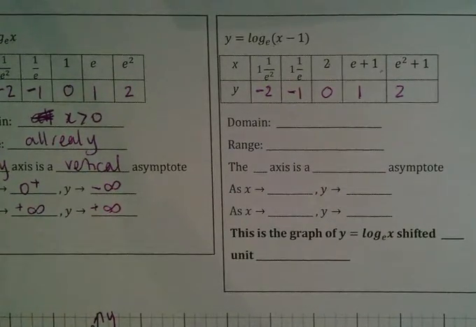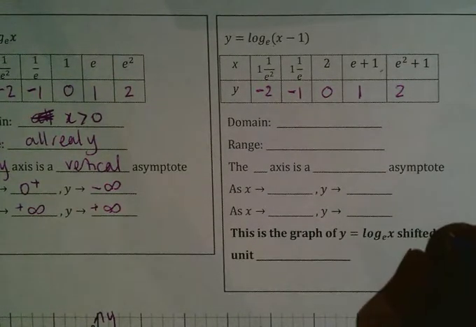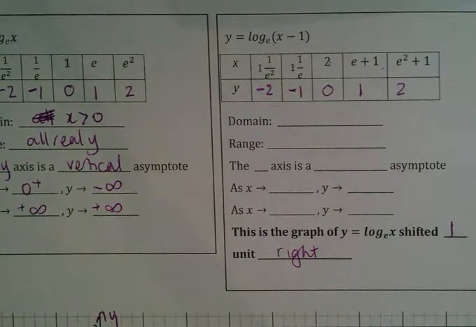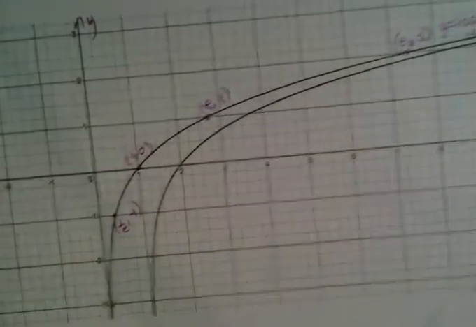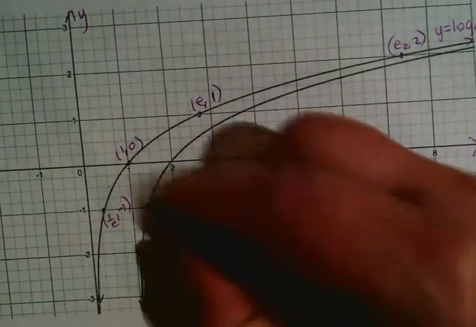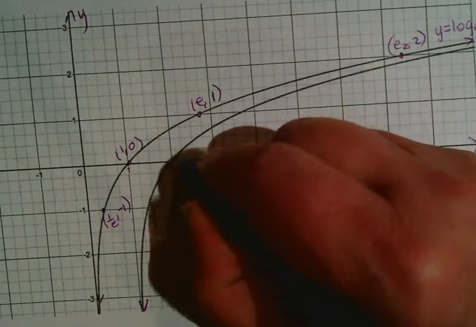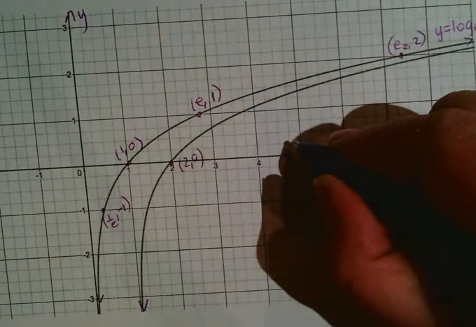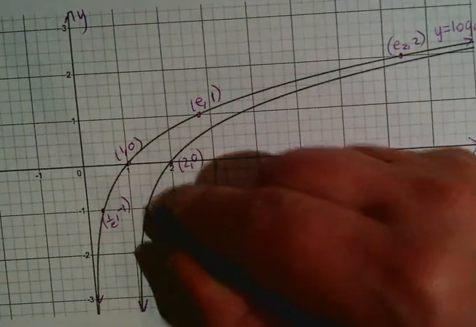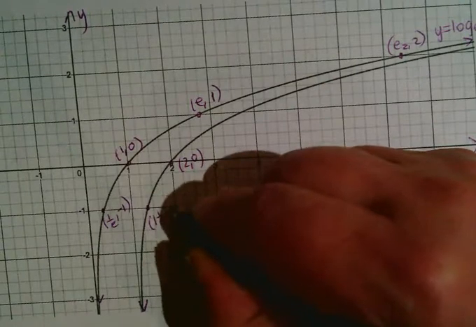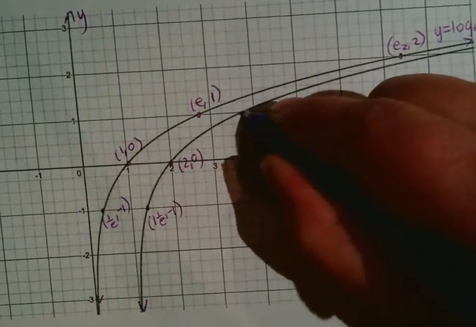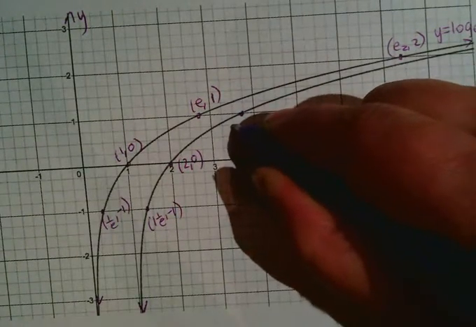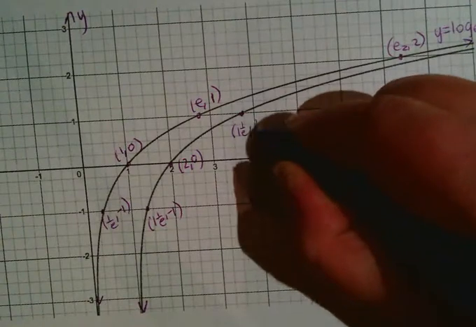Okay, be careful here. This is the graph of log to the base e of x shifted 1 unit right, so the asymptote will change. Okay, so your domain, if you look down here, you might want to draw them in a different color, but this here is the point, say, 2, 0. We've got the point 1 and 1 on e, negative 1, and this here would be the point 1 and 1 on e, 1.